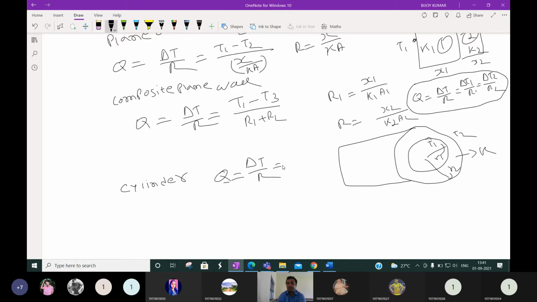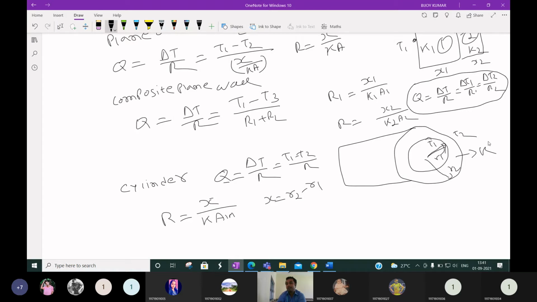Then delta T is T1 minus T2, divided by R. Here the R value is changed. R is X by K into ALM, where X is the thickness of the cylinder, so X is R2 minus R1.